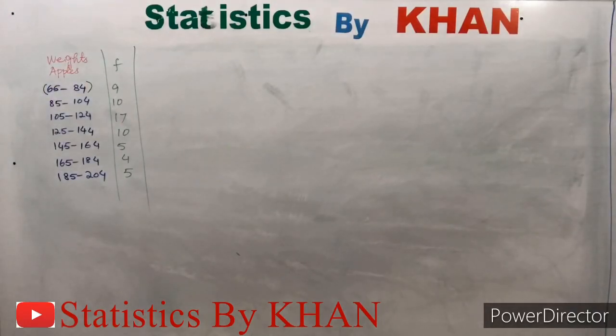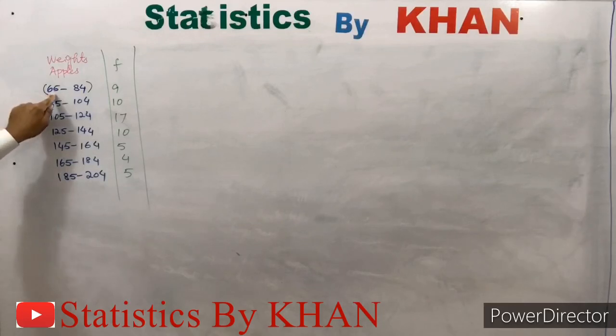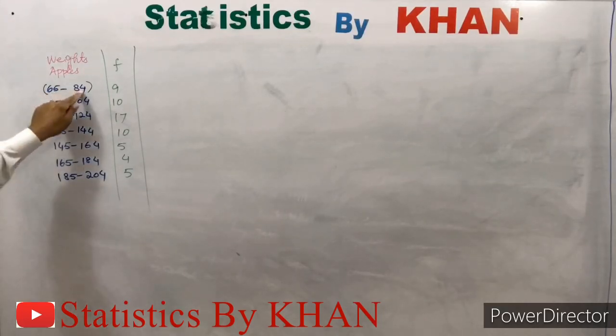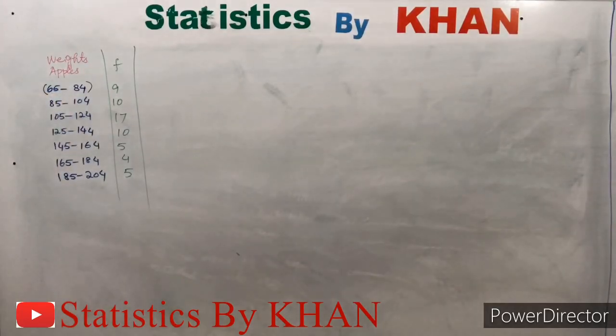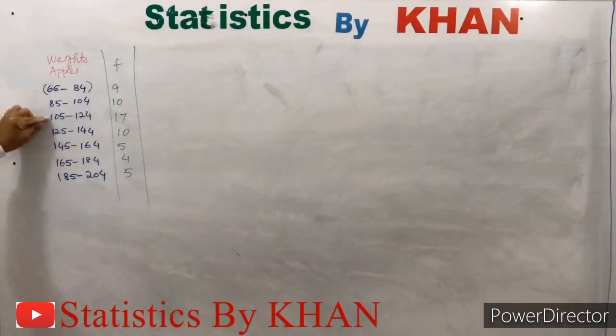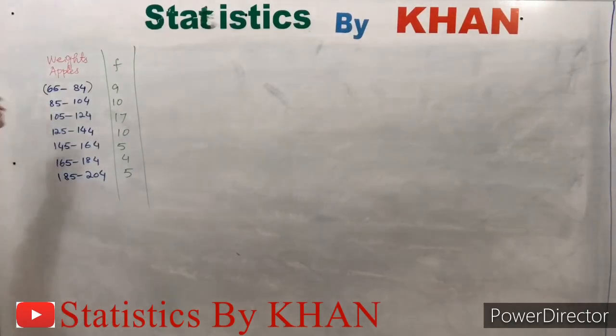This is called class. From 65 to 84, this is one of the classes. This is also a class, and all of them are classes or groups.